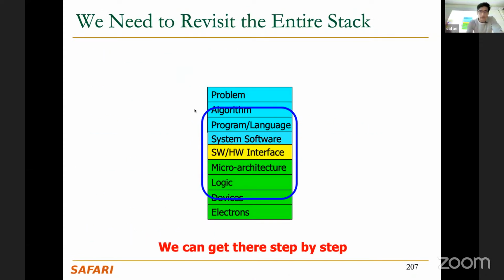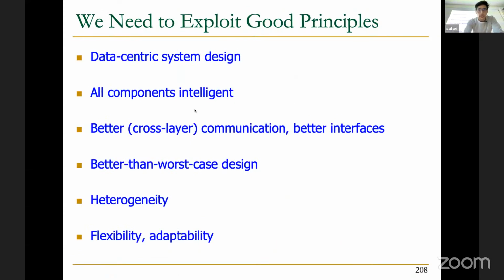But definitely we need to revisit the entire stack and exploit good principles in the design of these data-centric systems with intelligent components, better communication and better interfaces, better designs, heterogeneity as well.